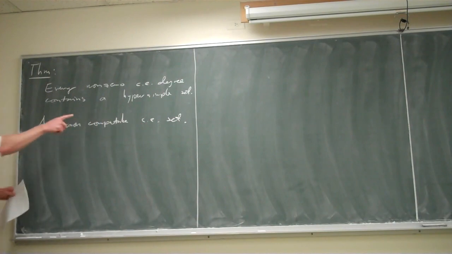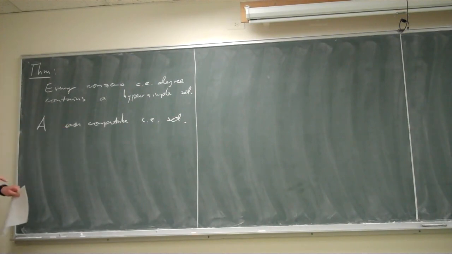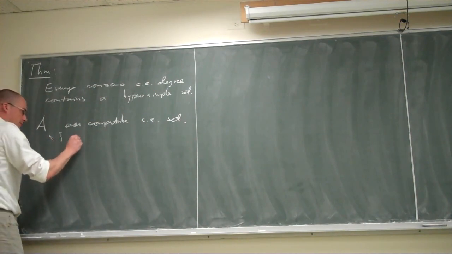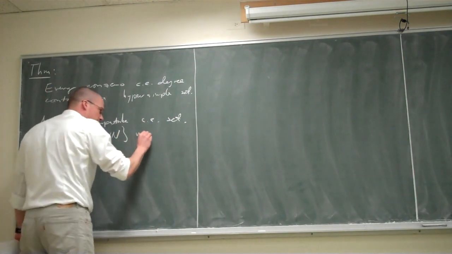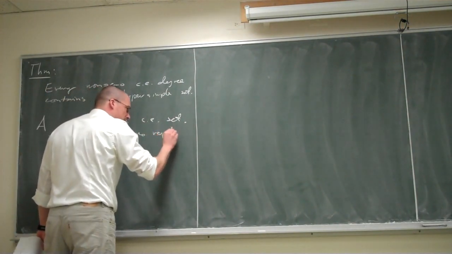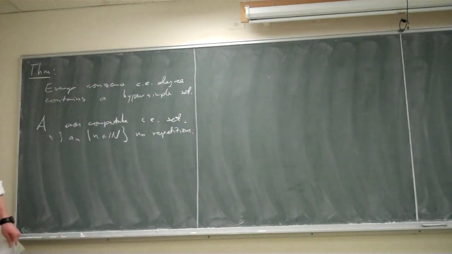Let me first introduce some notation before giving the definition of the deficiency set. Let A be a non-computable CE set. So in particular, it is infinite. An infinite CE set can be written like this, with no repetitions. Right? An infinite CE set is the range of a total computable injective function, and that's exactly what this is.